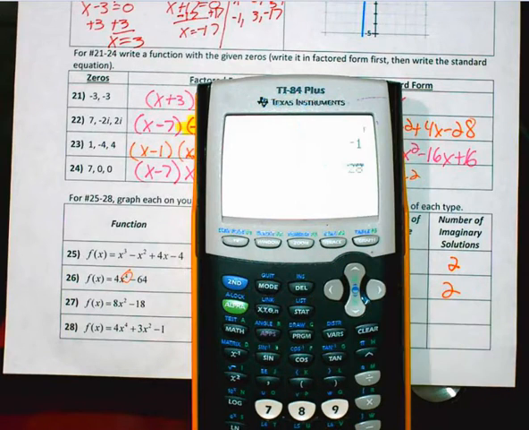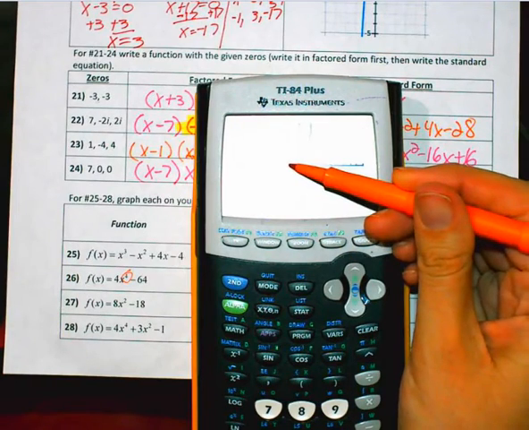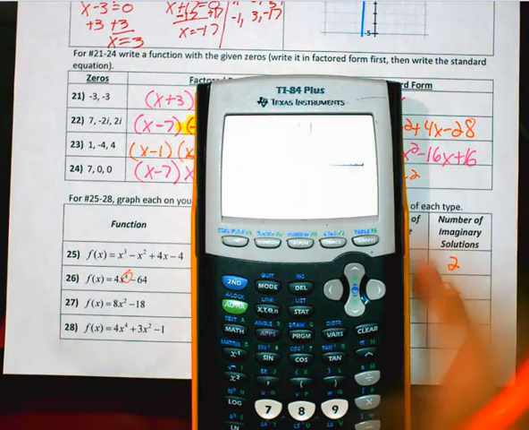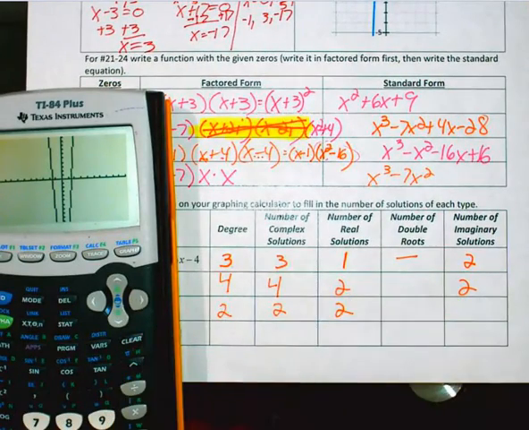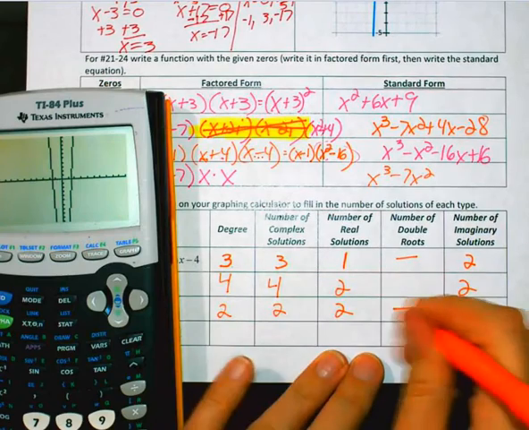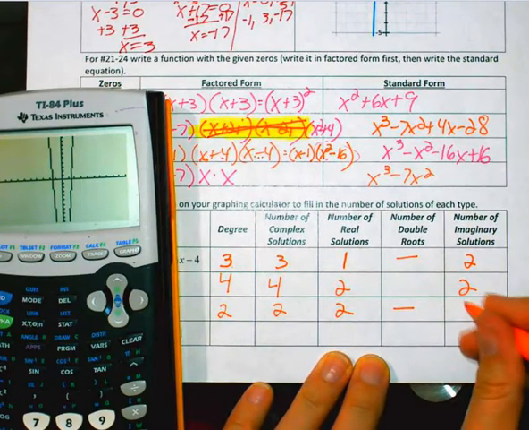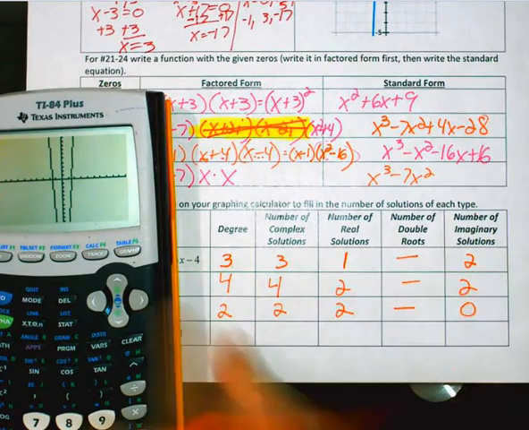Go back to zoom 6 so I can see the graph. So I see that I have a 0 here, 0 here, which are the same as roots, which means I have 2 real solutions. There's no double roots, and there are no imaginary.